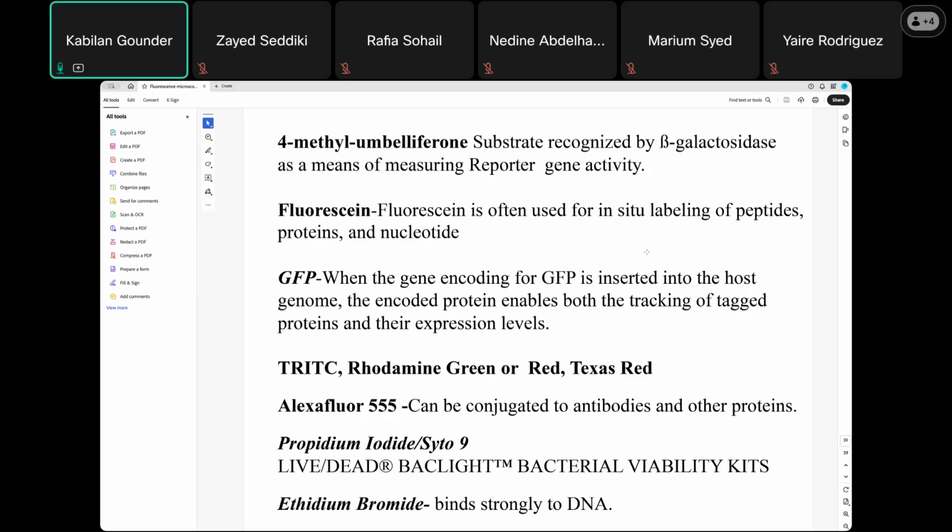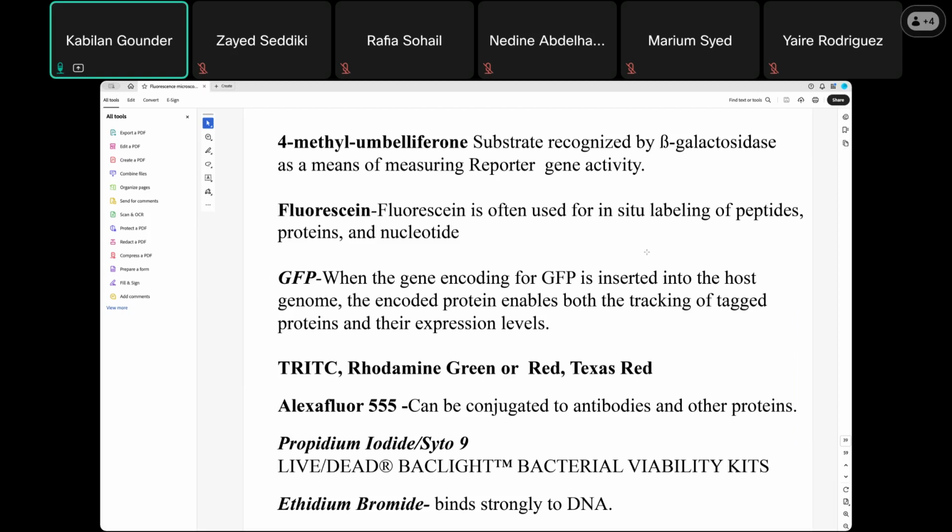Propidium iodide and Cyto9 are mainly used for live/dead bacterial viability kits. We can discuss later how important this is. Another thing is ethidium bromide, which binds strongly to DNA.